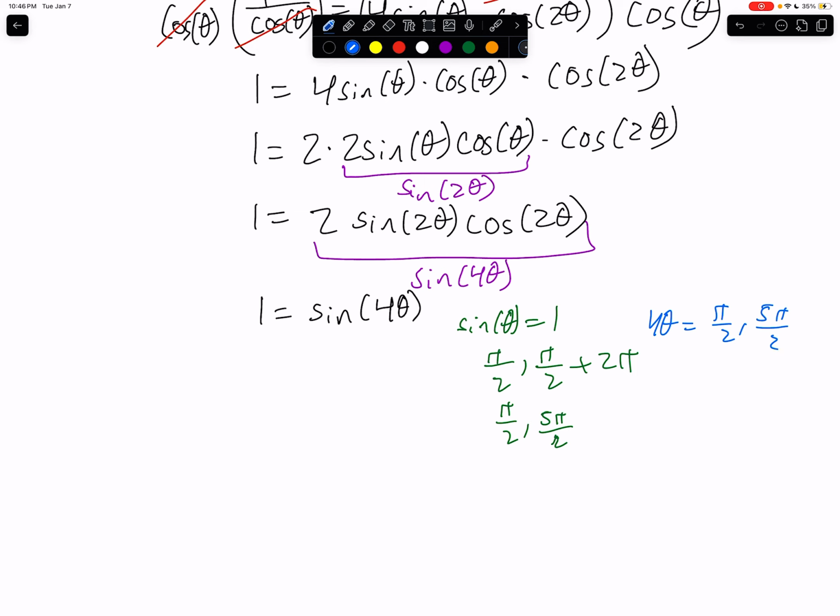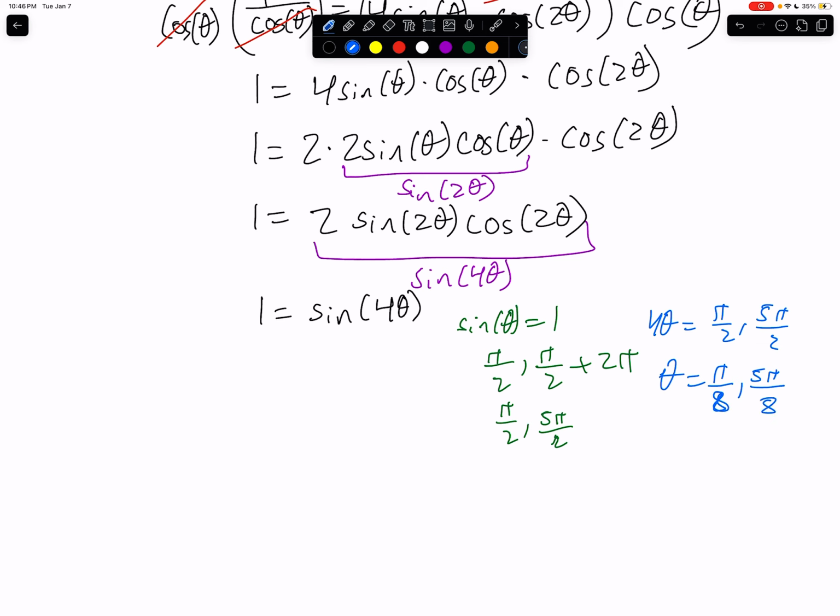Actually, no, we don't stretch beyond the 0 to 2 pi domain by this. Sorry about that. This should be theta equals pi over 8 and 5 pi over 8.